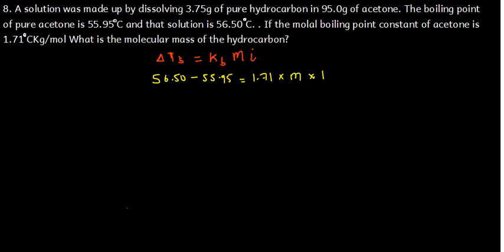So that is 56.50 minus 55.95. And then the value that we get, we are going to divide by 1.71. Okay, let's determine that. 56.5 subtract 55.95 and then divided by 1.71.